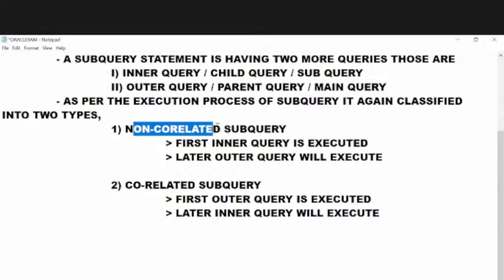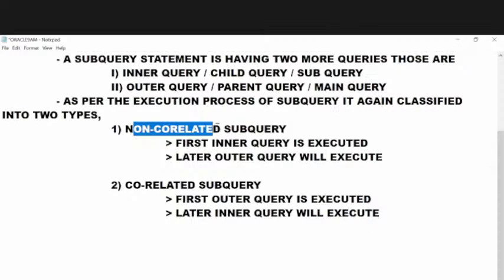But what if a highly complex query comes to me, a very big query we need to write, very difficult queries?